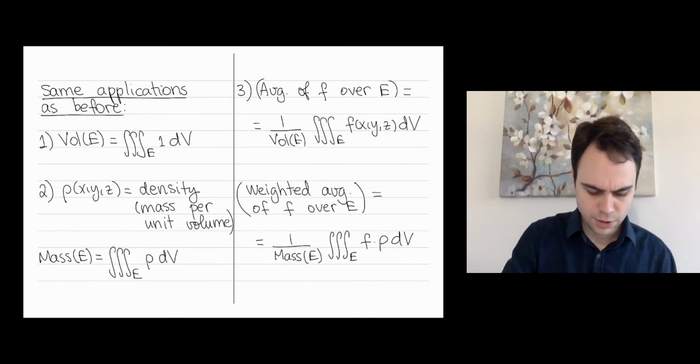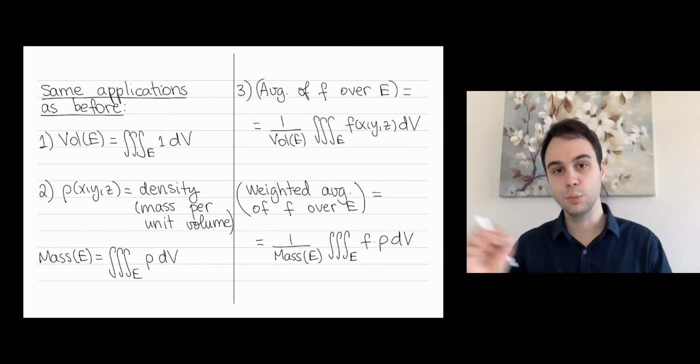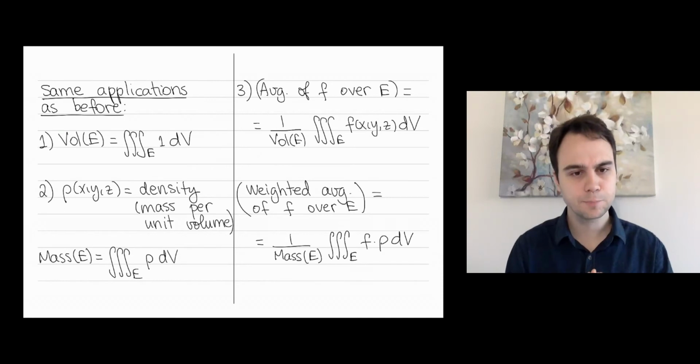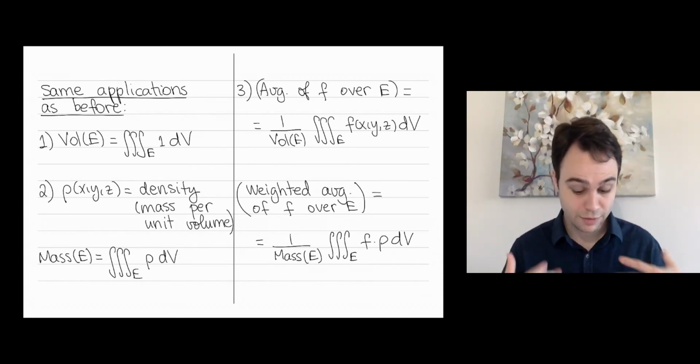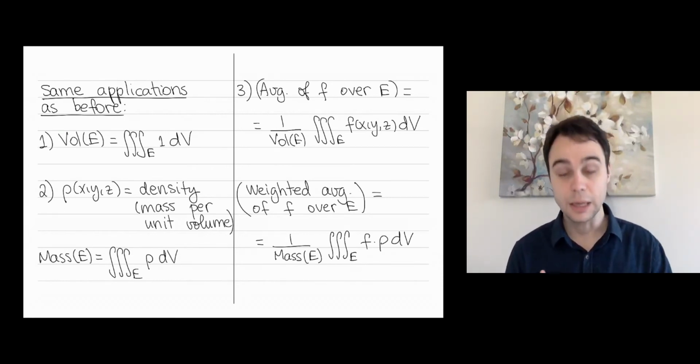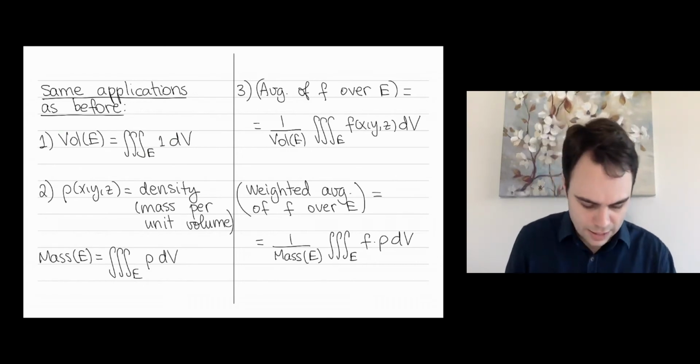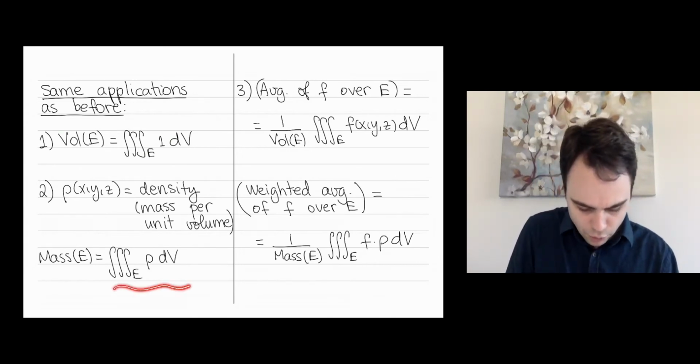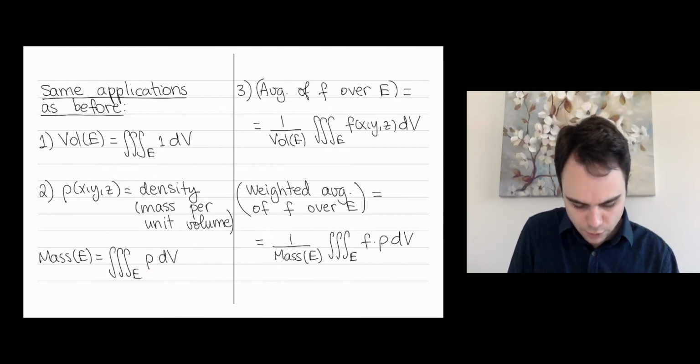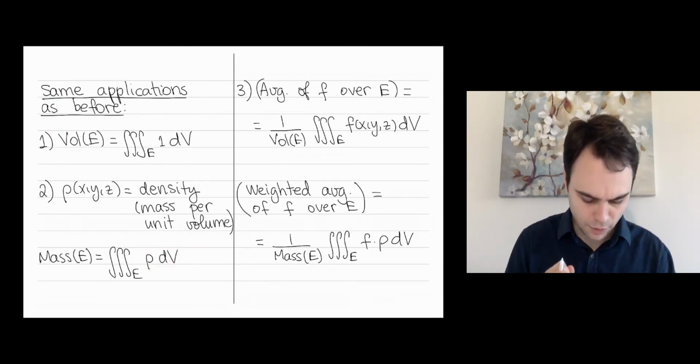This could depend on the position, on which point of the shape you're looking at. So in general, we have a density function. It tells you how much mass there is per unit volume at that point. If I integrate this density function over the region, I am multiplying a certain amount of mass per unit volume by a certain amount of volume. This gives me the amount of mass in that little bit of volume.